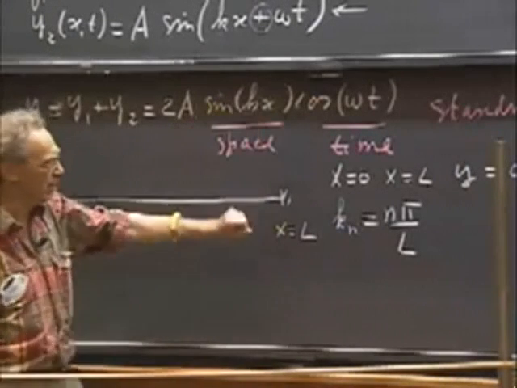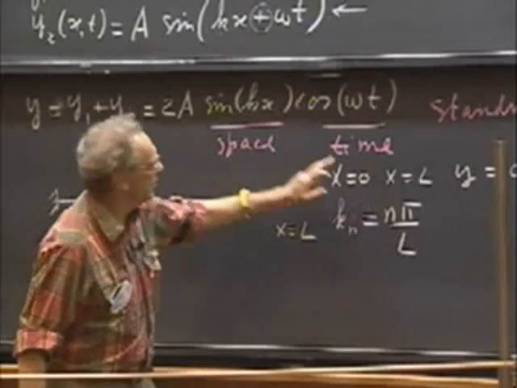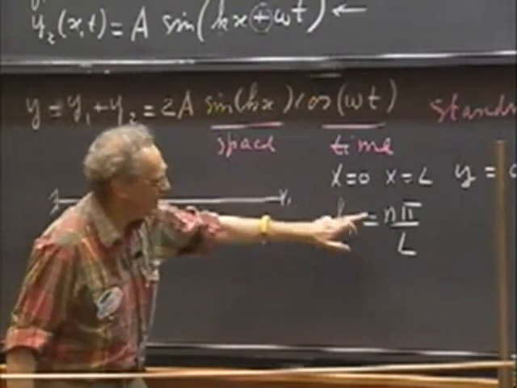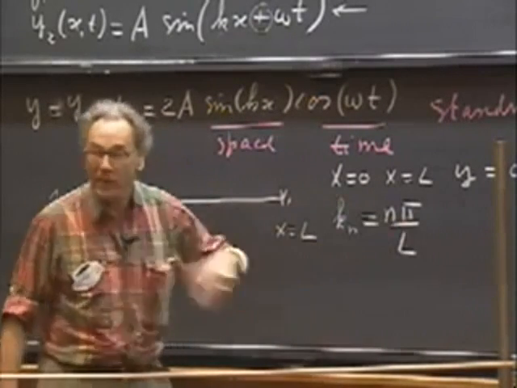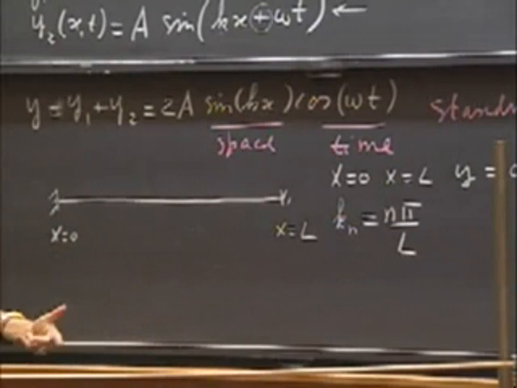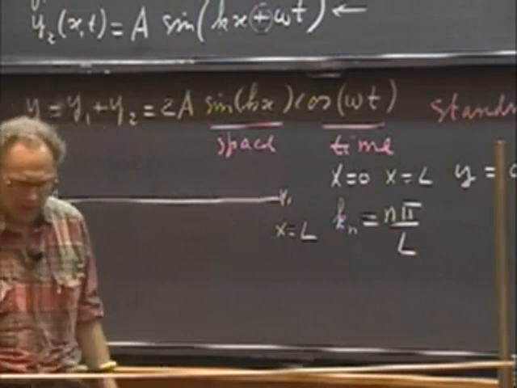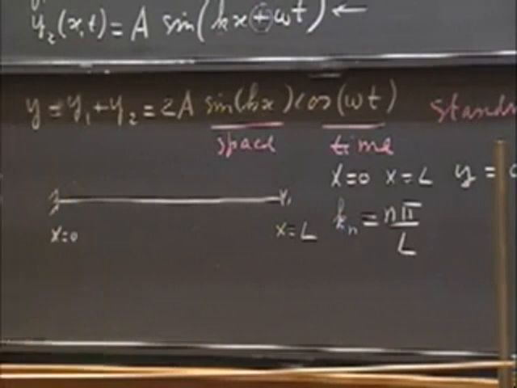That's not an issue. But you see now, if x equals L, then you get n times pi. And so again, the sine becomes 0. So I've met this boundary condition: this point cannot move.